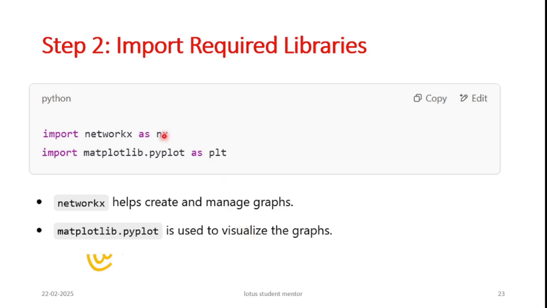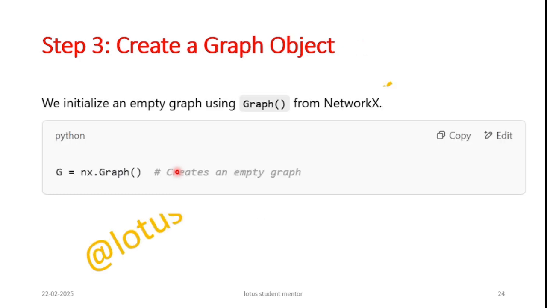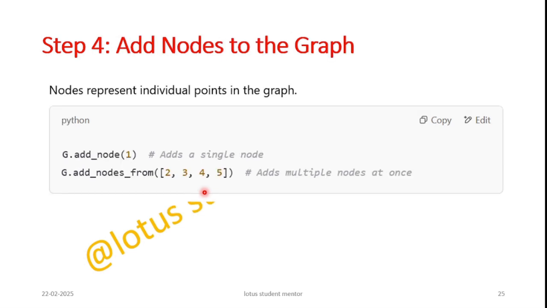For creating and managing graphs, networkx; for visualizing, matplotlib is required. First step: G equals nx.Graph(). It creates an empty graph. The next step is that we have to add nodes to the graph.